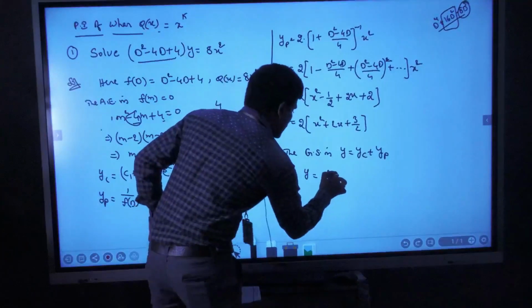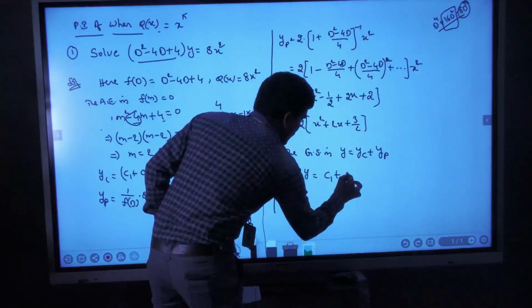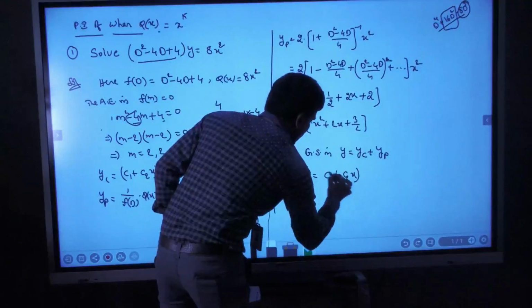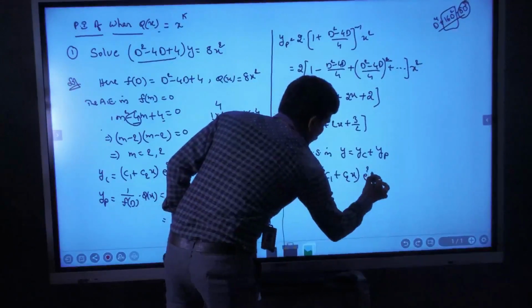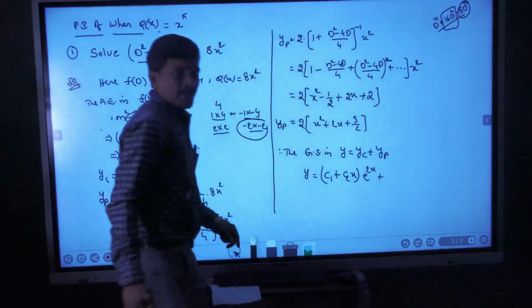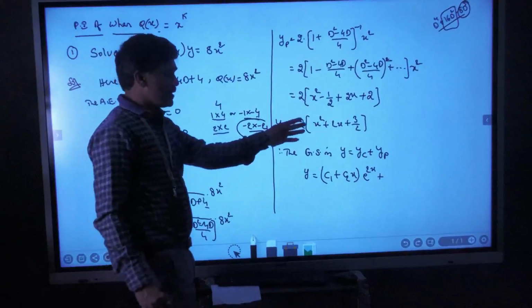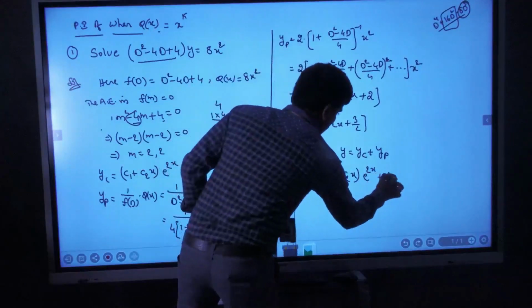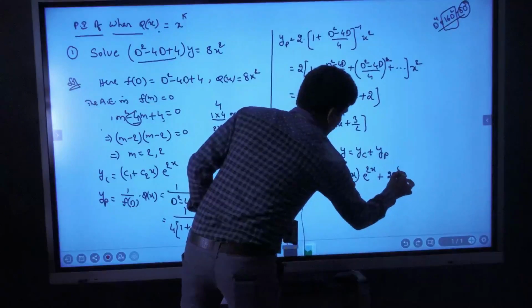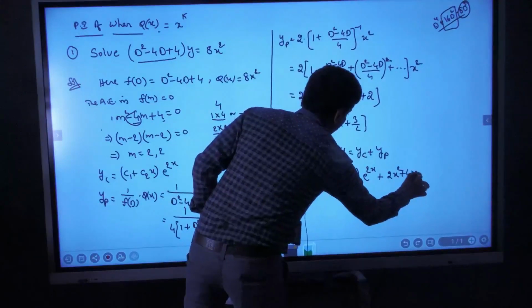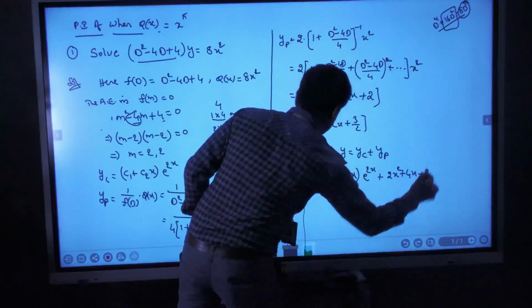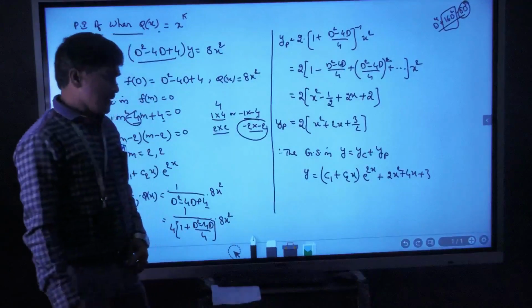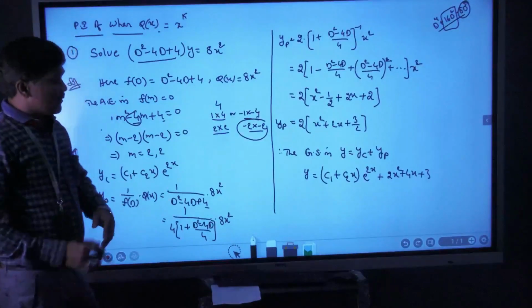Write this one, c1 plus c2x e power 2x, that is yc. And what is yp here? So multiply with 2, we get finally 2x square plus 4x plus 3. So this is the solution.